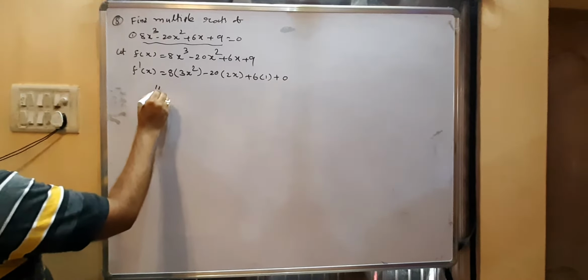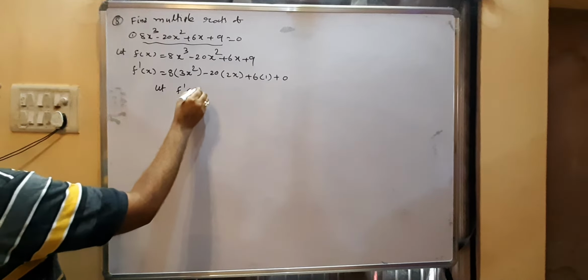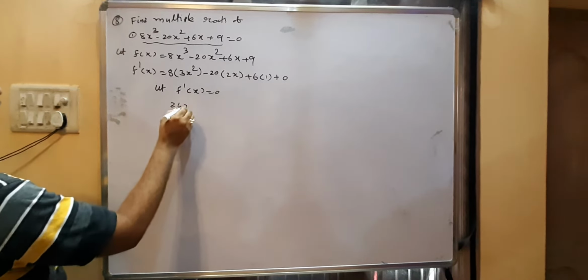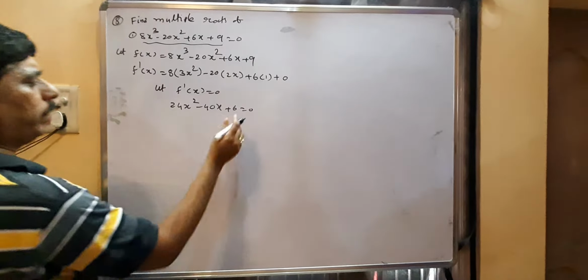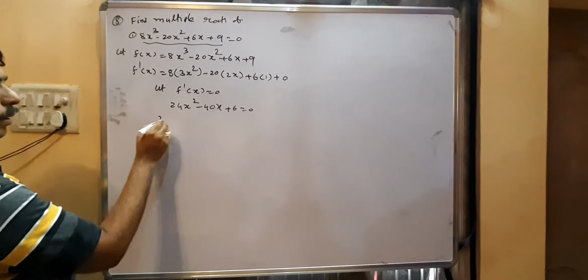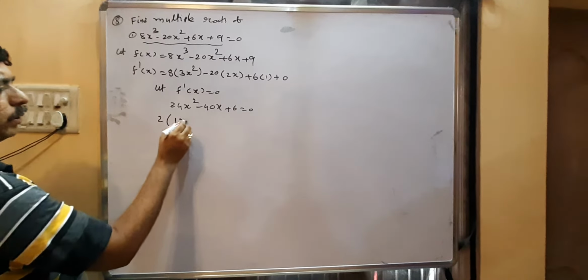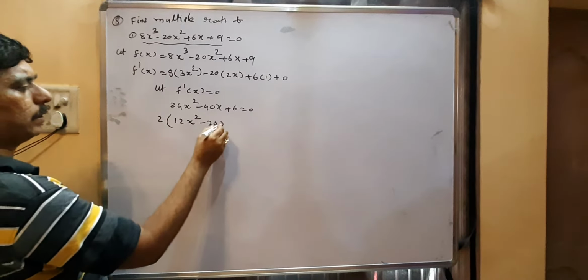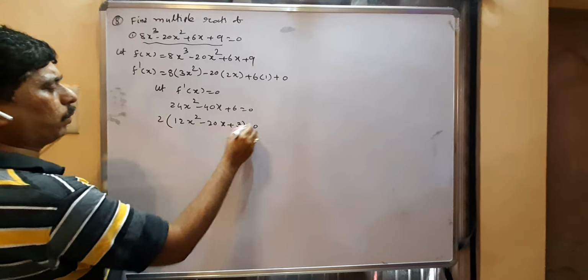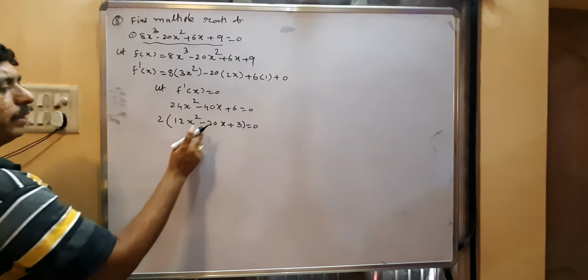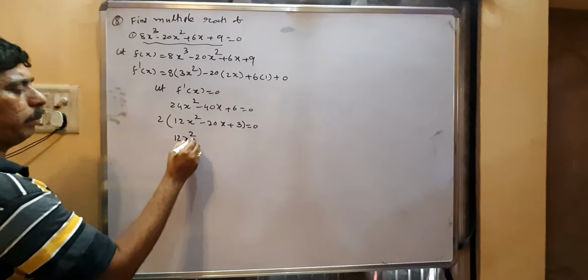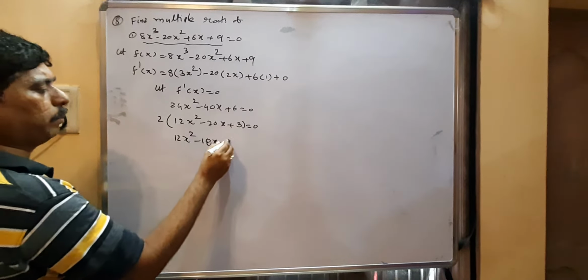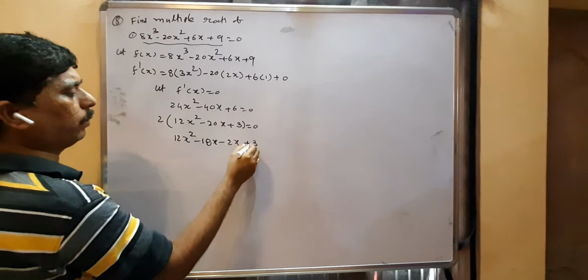So let f dash x equal to 0. We get 24x square minus 40x plus 6 equal to 0. The 3 terms contain even numbers, so 2 is common: 12x square minus 20x plus 3 equal to 0. 12 times 3 is 36. Factors of 36 with summation 20: 18 and 2. So 12x square minus 18x minus 2x plus 3 equal to 0.